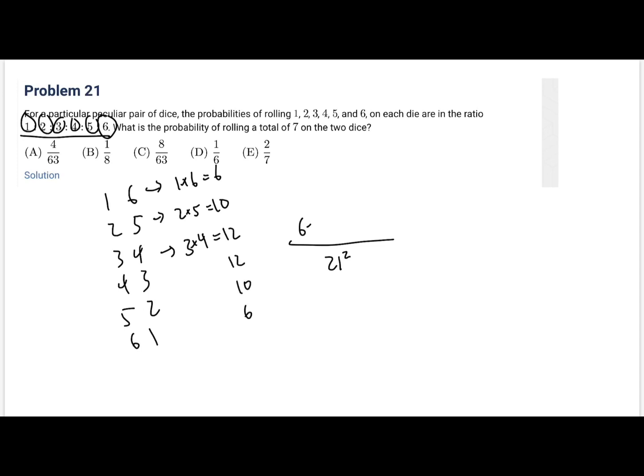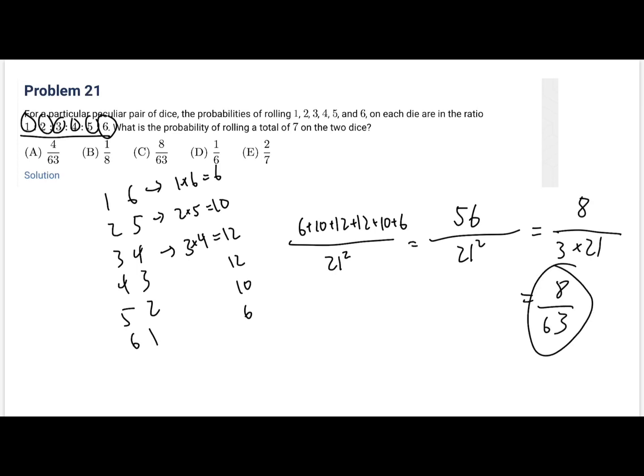So it's 6 plus 10 plus 12 plus 12 plus 10 plus 6, over 21 squared. 28 plus 28, so it's 54, no, 56, not 54. It's 56 actually. So divide this by 7, and then we get 3 times 21, and then 8, which is 8 over 63. 8 over 63, it's C, therefore it's number C.